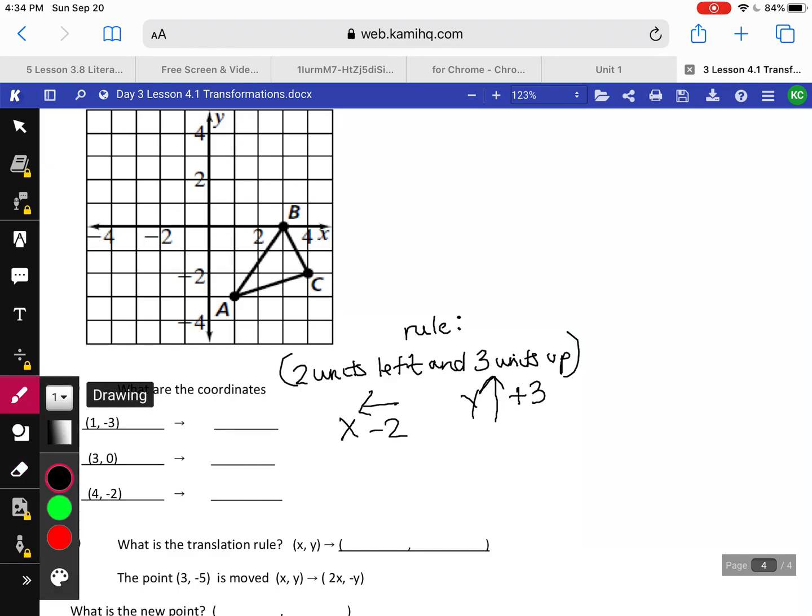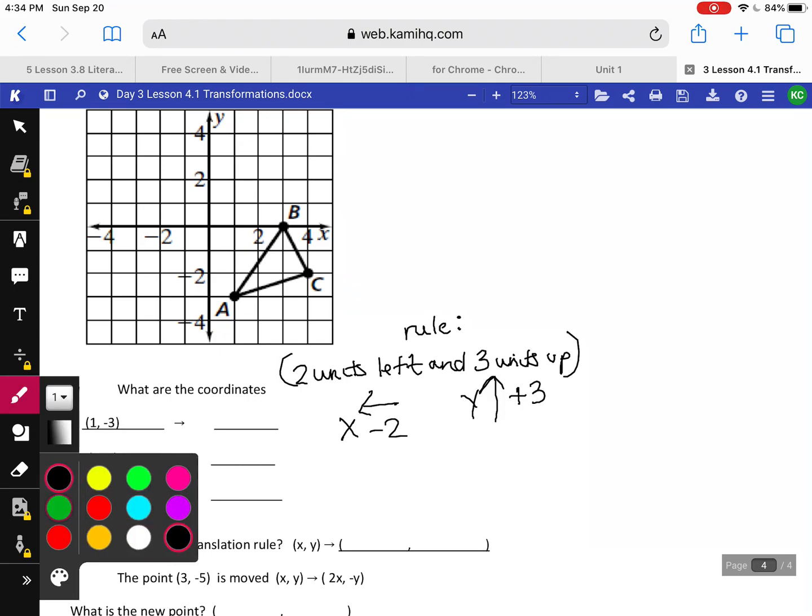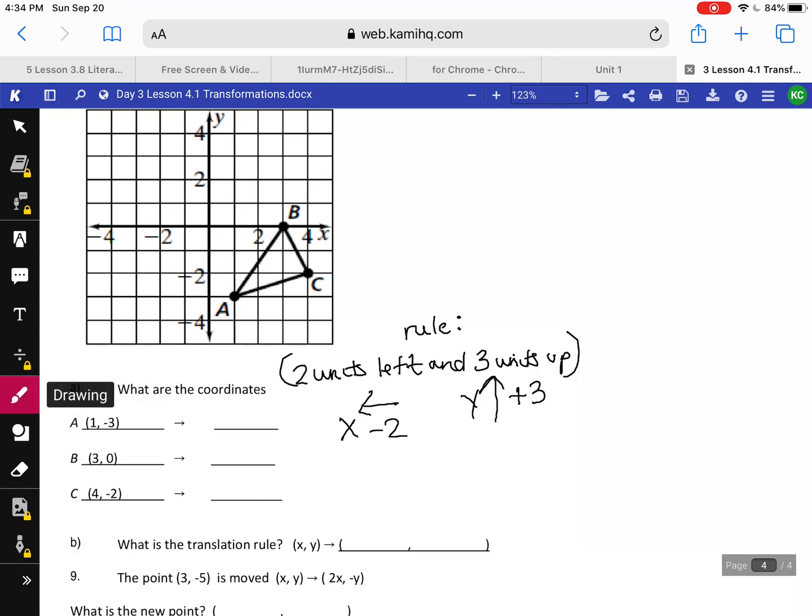I'm just going to take that x and put it here. We're on the x minus 2. Okay, so now we're looking at 3, negative 1. If I were to take A and just follow the rules, I'm going to start here at 3. I'm going to choose a different color. It's saying take A and go 2 left, 1, 2, go up 3, 1, 2, 3.